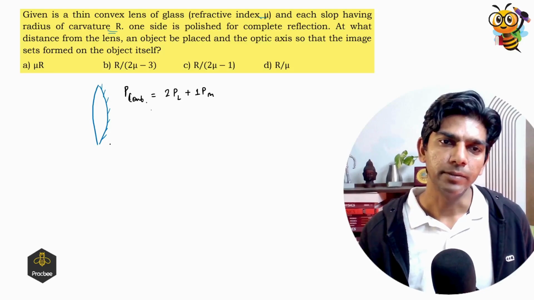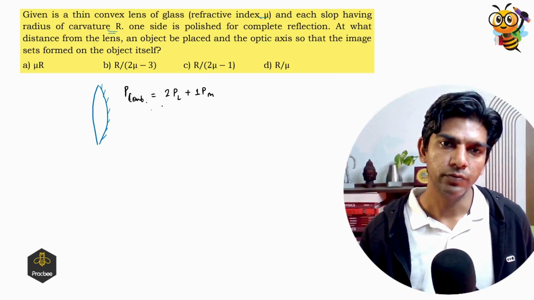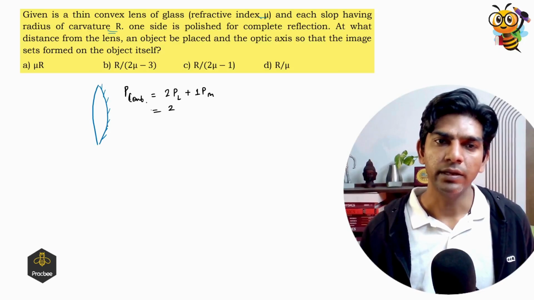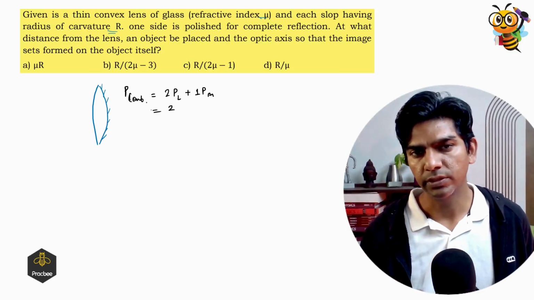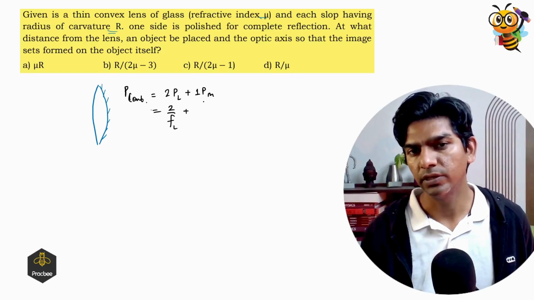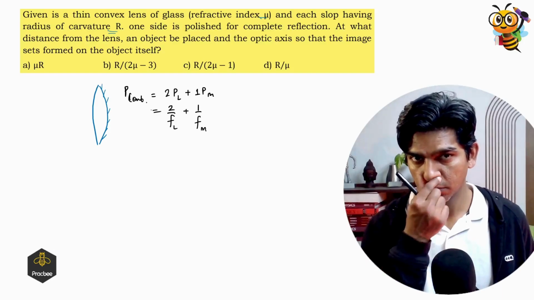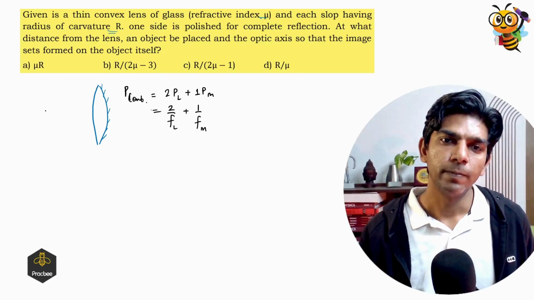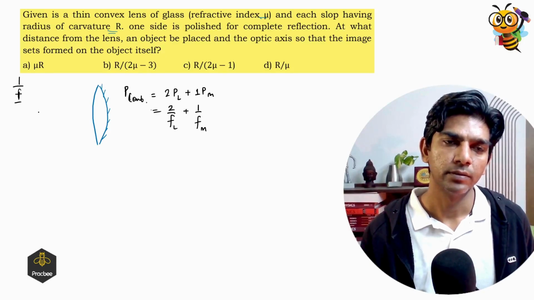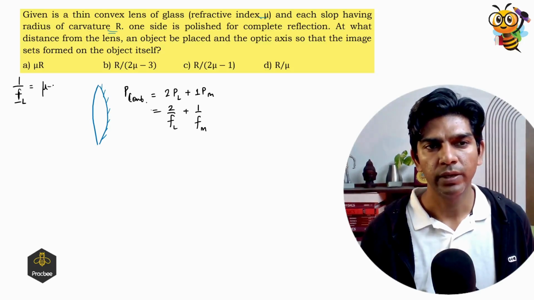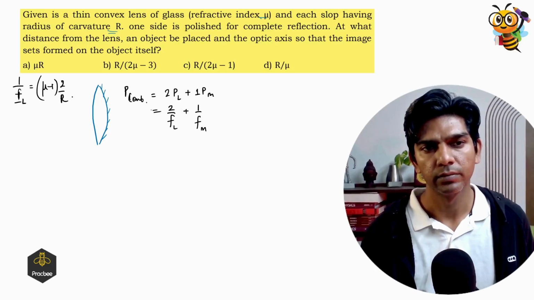So we can write this as 2 by focal length of lens, since in case of a converging lens the power is positive, plus 1 by focal length of mirror, since for a converging mirror the power is also positive, right? So 1 by f of lens will be mu minus 1 times 2 by r, right?